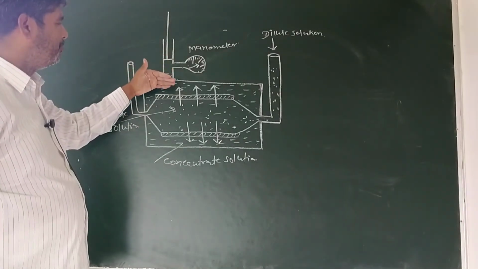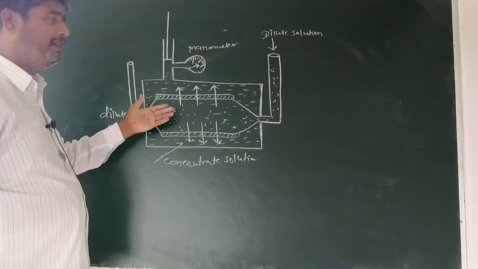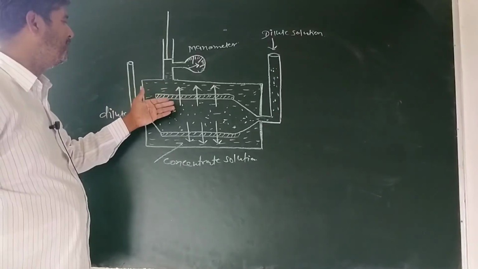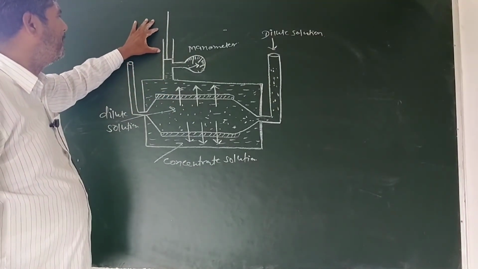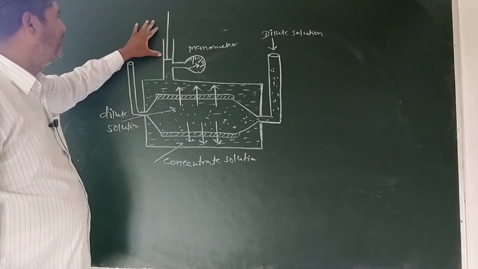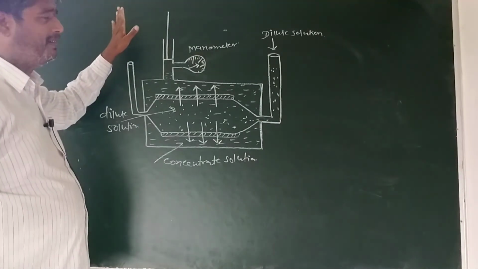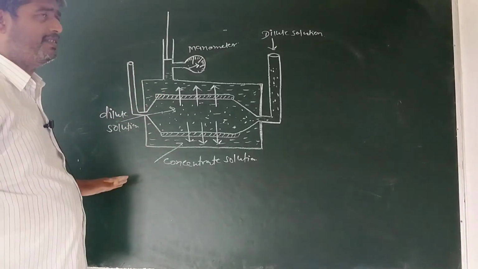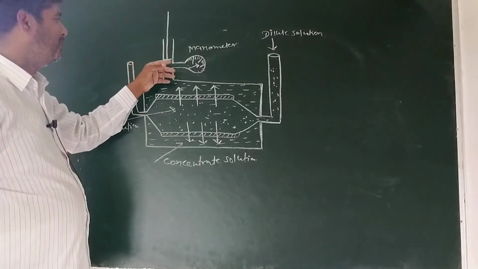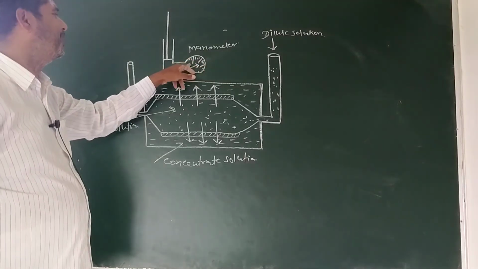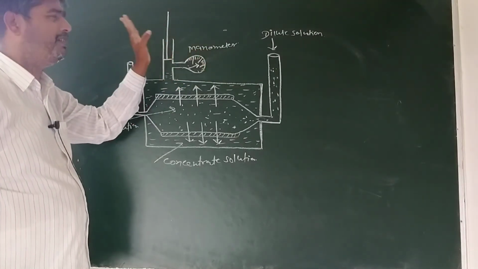When osmosis is prevented at equilibrium, the upward movement of the piston is also prevented. Under this consideration, we check the value of osmotic pressure through the manometer.